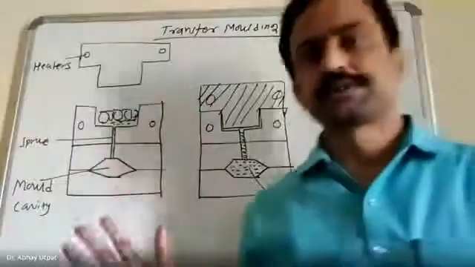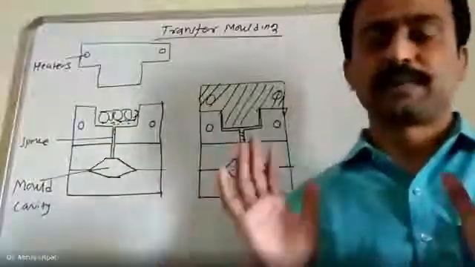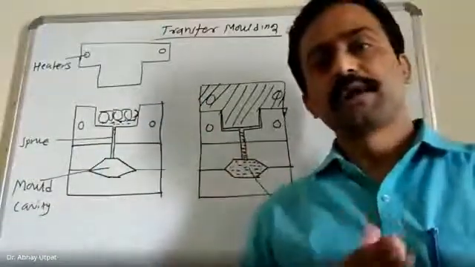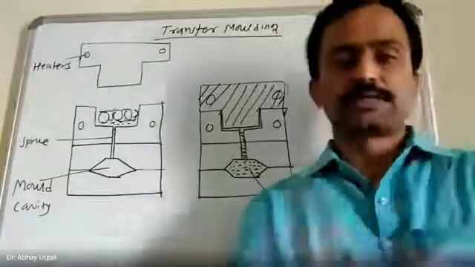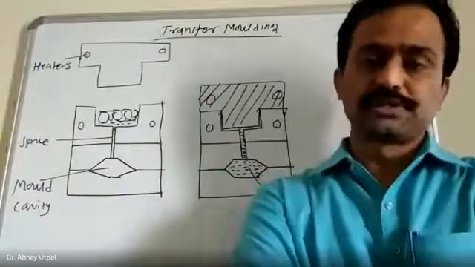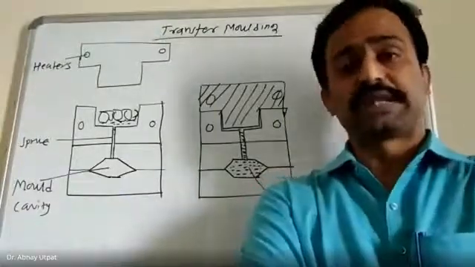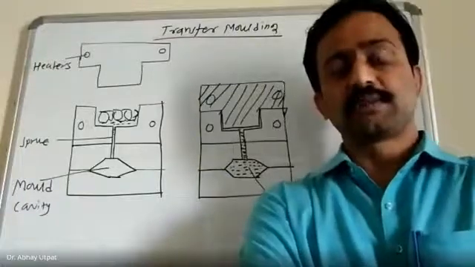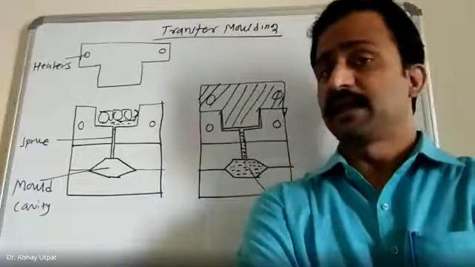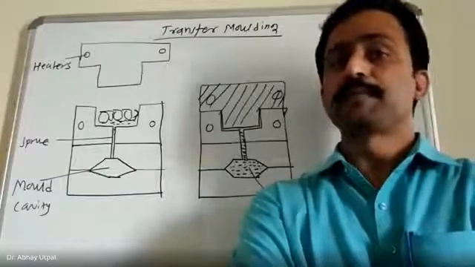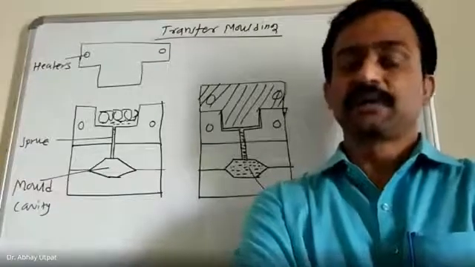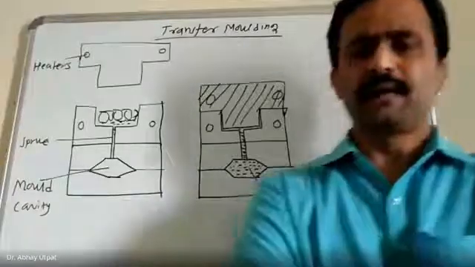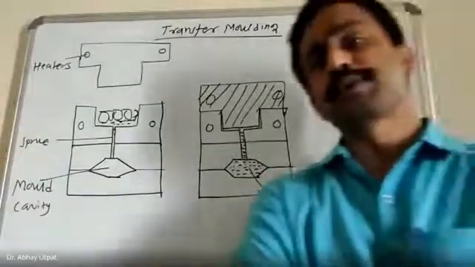Okay friends, this is all about transfer molding. Today we have completed compression molding and transfer molding. Both processes are used for producing thermoset components. Here every care is taken for optimum charge.